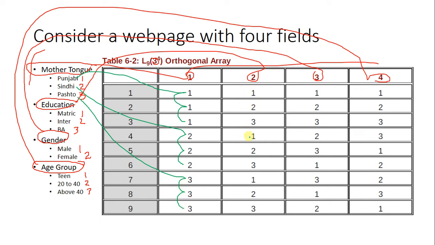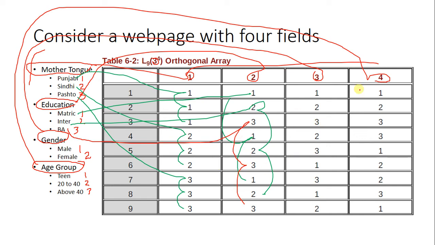And in the next column we will replace 1 with metric, 2 with inter, and 3 with BA. So metric will come here and here and here, whereas the inter will come here and here and here, and the BA, let me change the color of the ball pen, the BA will come here, here, and here.